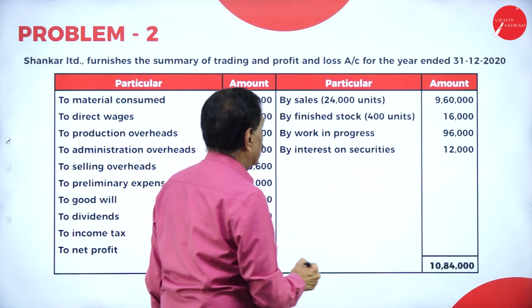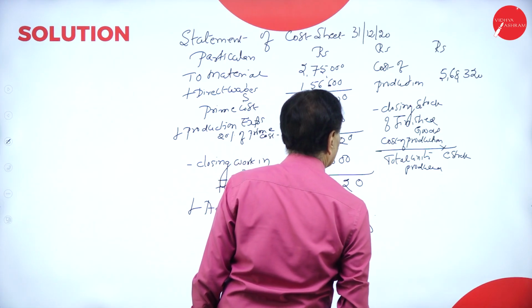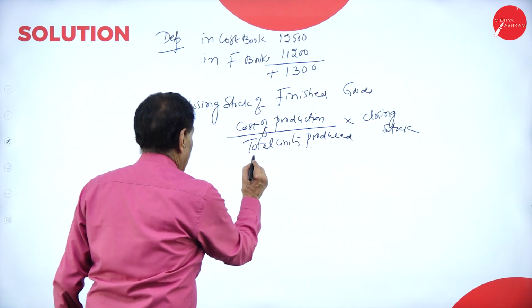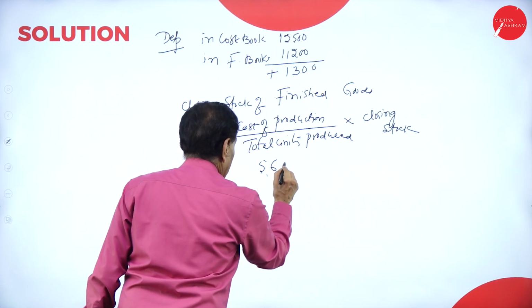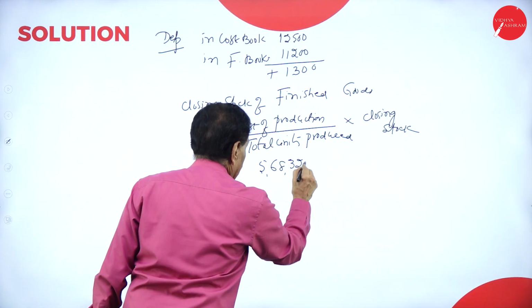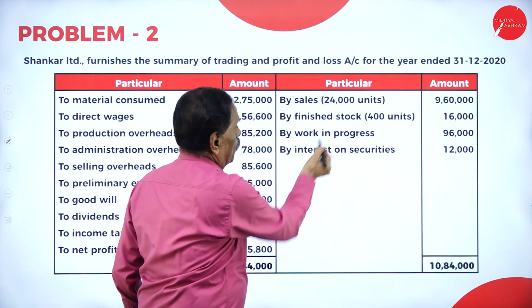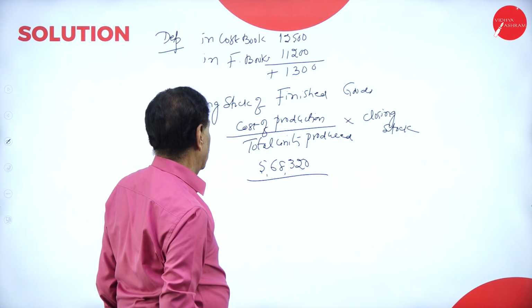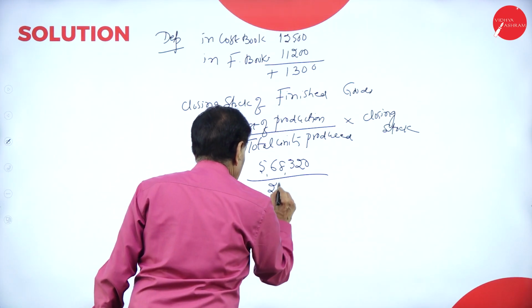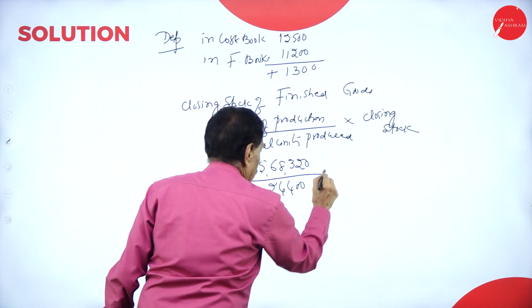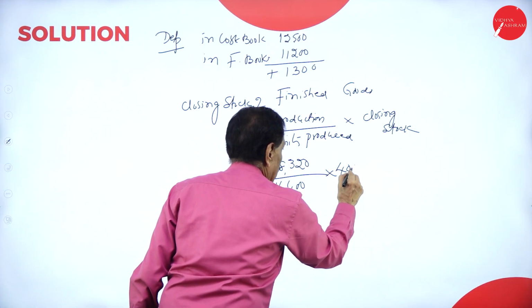Come back here. What is the cost of production here? 5,68,320. What's your production? 24,000 plus 400, 24,400, multiplied by unsold 400.